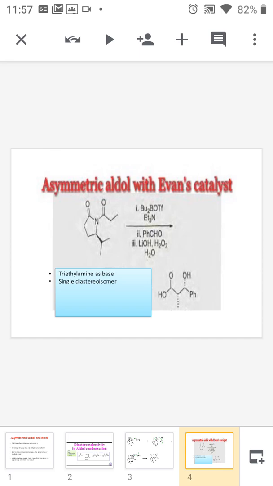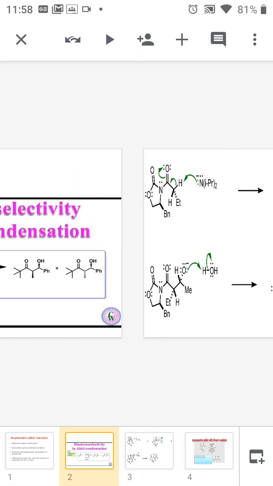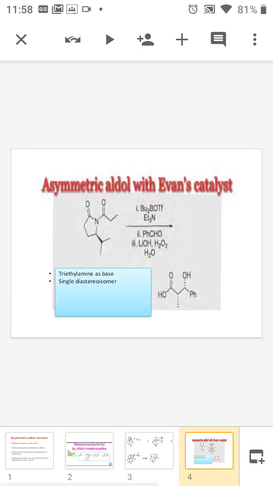Here in the example, we couple the aldehyde with a chiral auxiliary, and the heterocyclic ring is the chiral auxiliary, which is attached to a ketone group. Instead of the base N(iPr)2 and LDA used in the ordinary reaction, we are using borane as the base. Here we use Bu2BOTf as the base, and NEt3 is also used as a base.